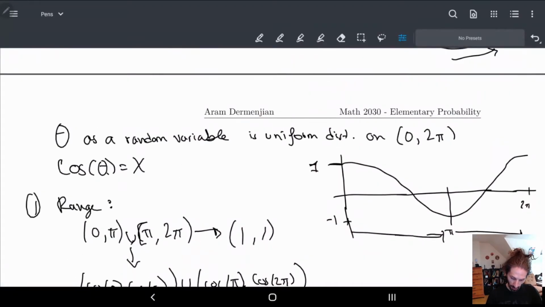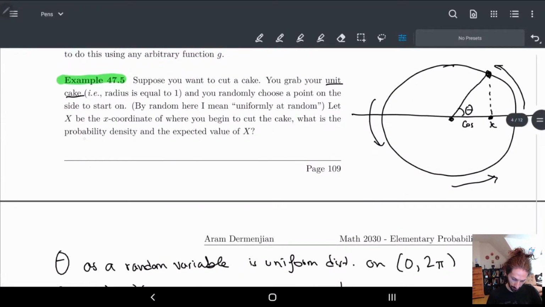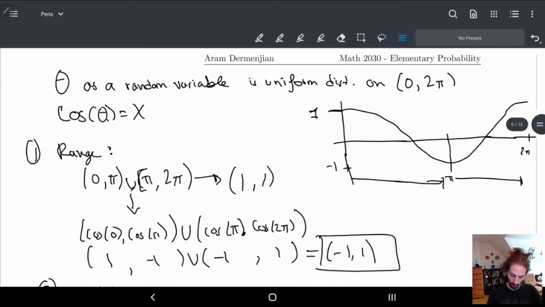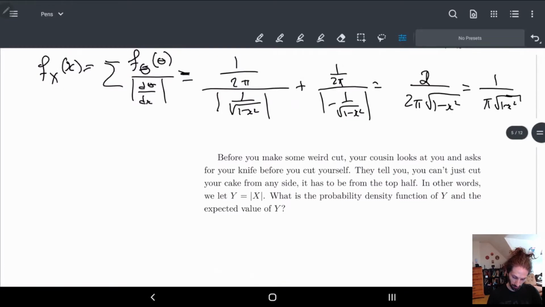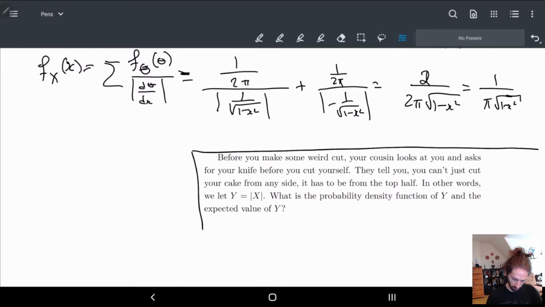But we also asked about the probability density and the expected value. So we will solve the expected value. I don't have enough room, but I'll do it here on the side. If I look at the expected value here, my range is from -1 to 1, right? Expected value of x.